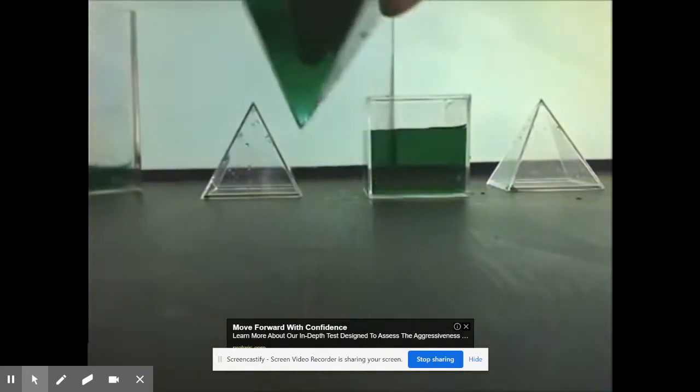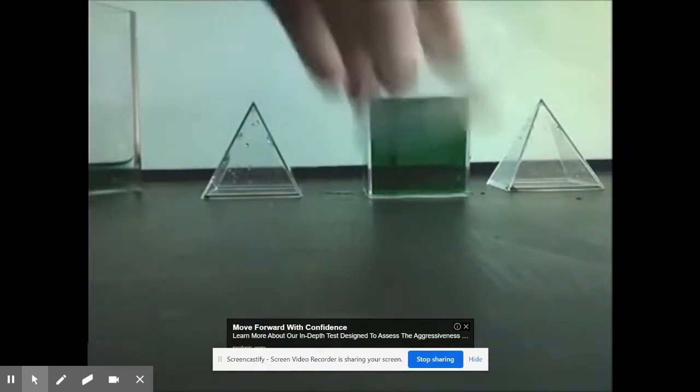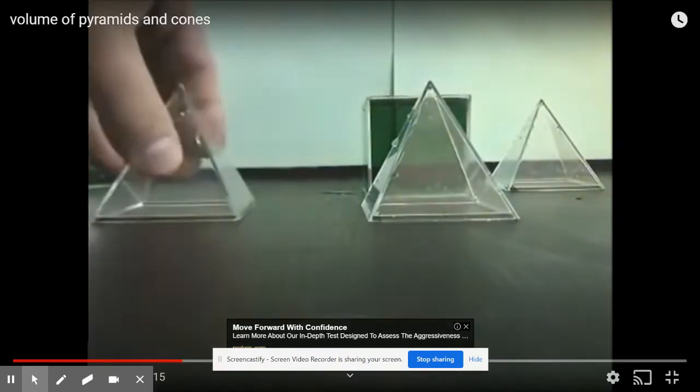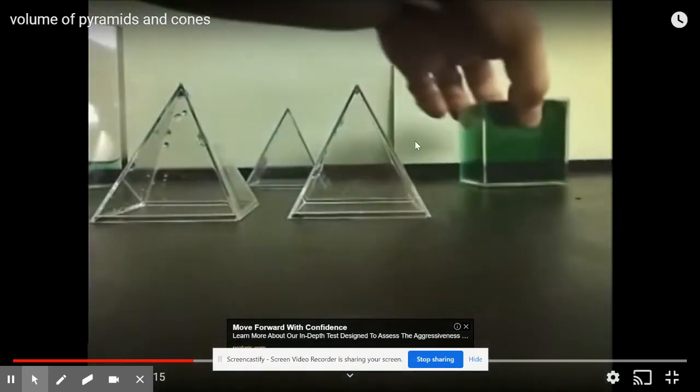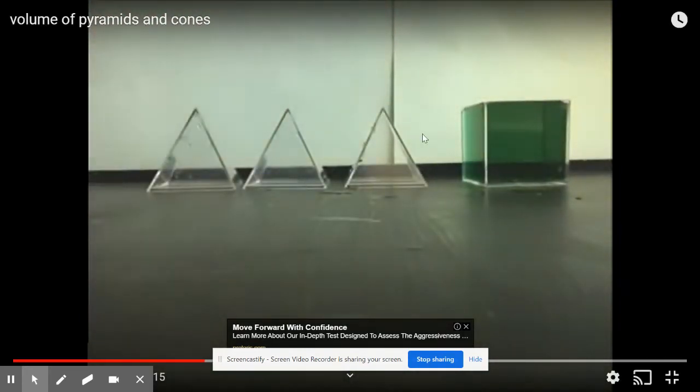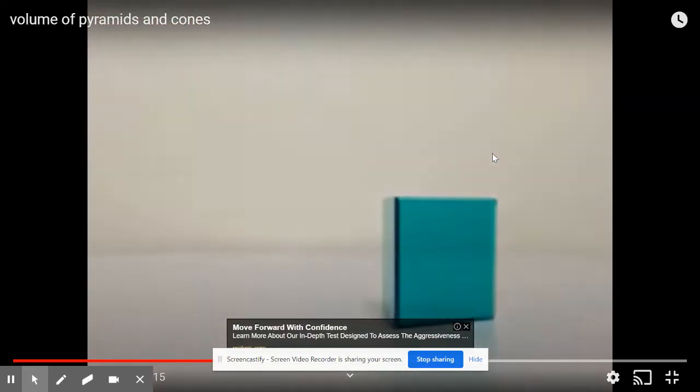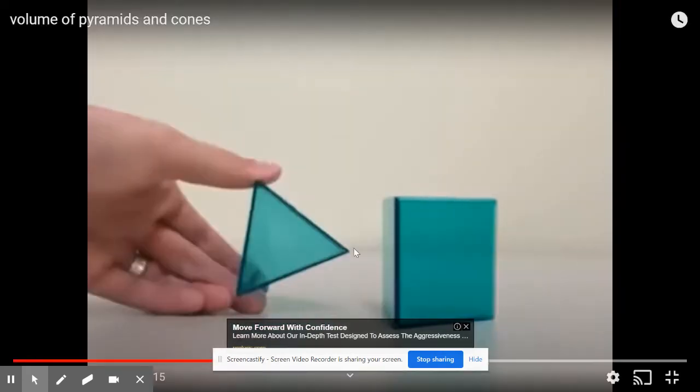Is going to fill it up exactly. It looks like it's an exact fit. So what that tells us is it looks like it took exactly 3 of these pyramids to fill up a prism. We can keep watching this.